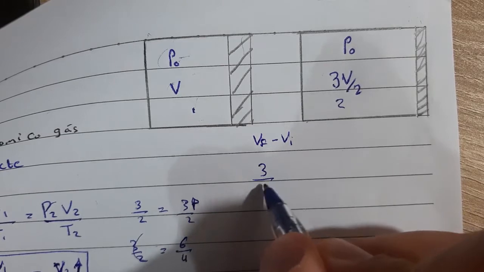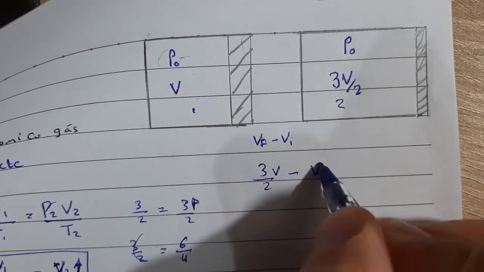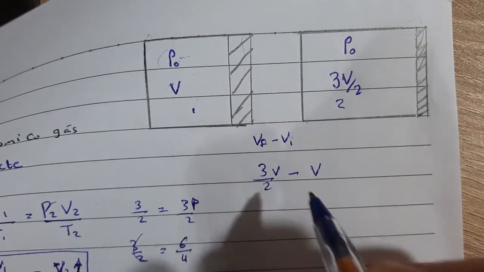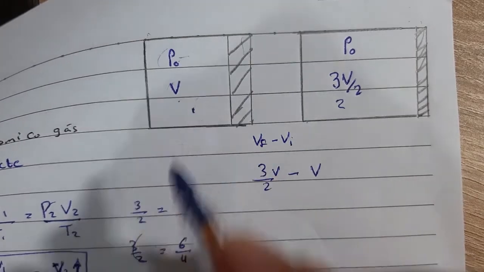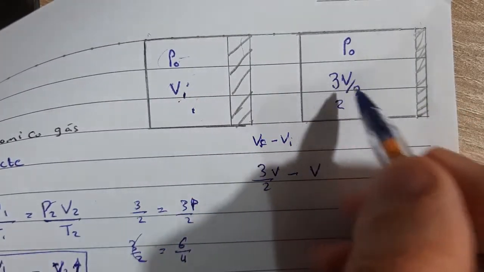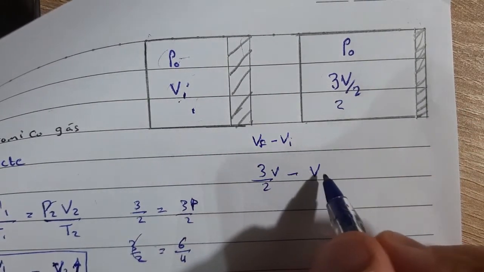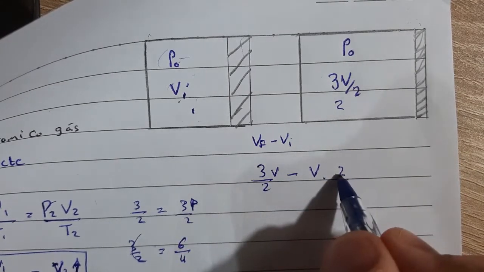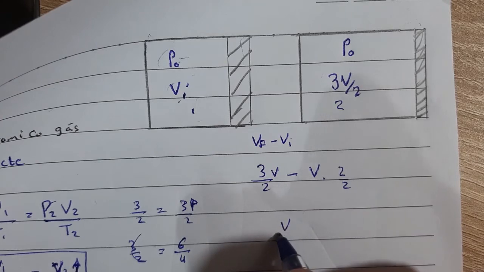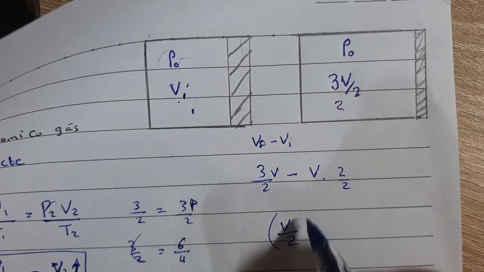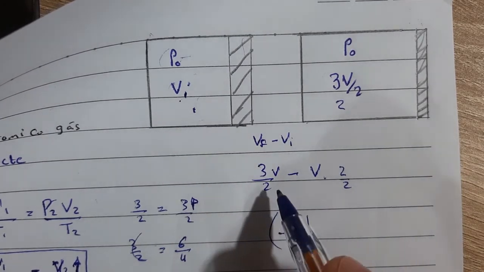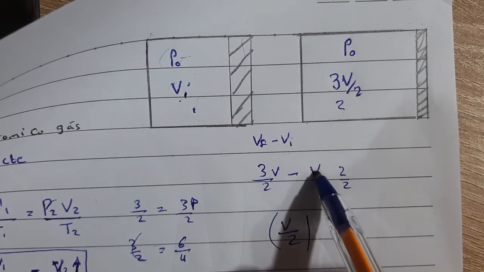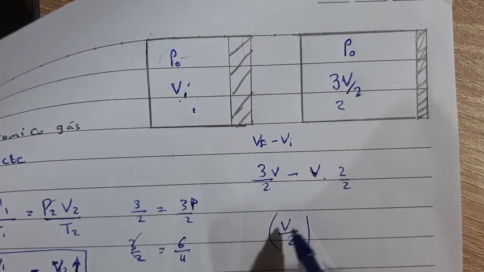So 3V divided by 2 minus the initial volume V. This is the initial volume and this is the final. So this is the variation of volume: V divided by 2.